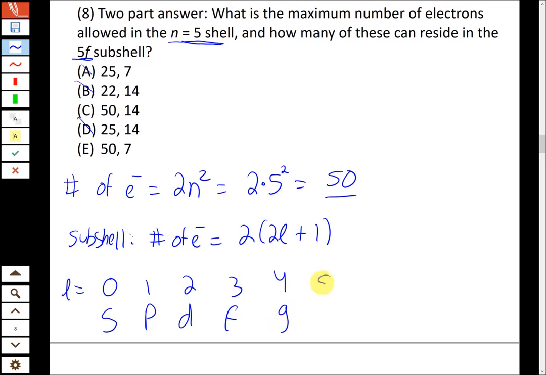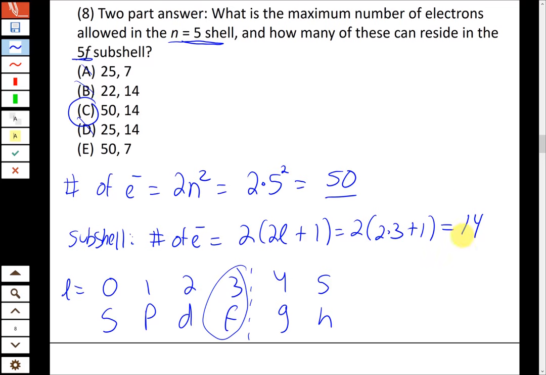So g, h, and you're probably not going to go any higher than that anyway. These are the ones that we normally see because these are the ones that occur in the periodic table. So if we have a 5f subshell, that means L equals 3, so that's the L value we use in this relationship. So 2 times 3 plus 1, which is 2 times 7, or 14. So the correct answer for this would be C.